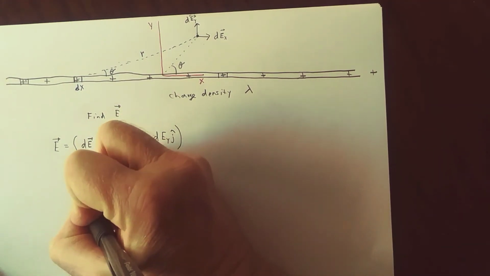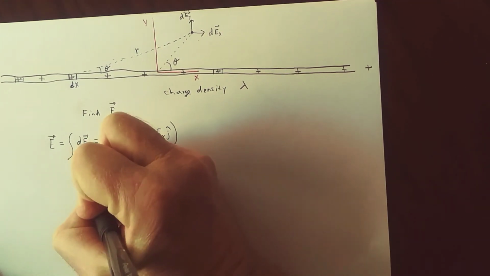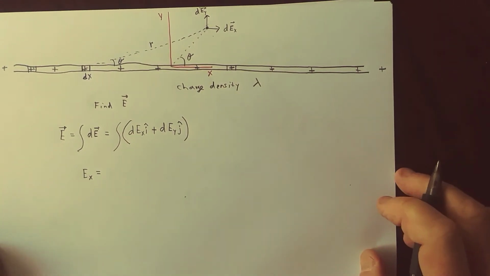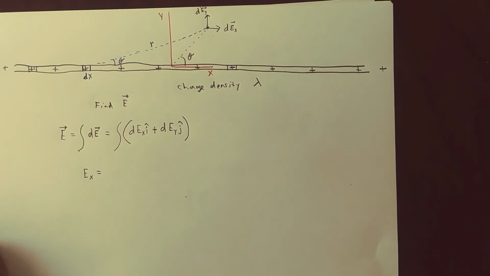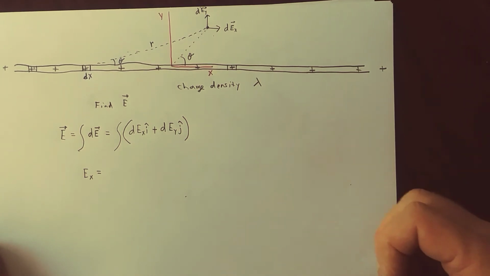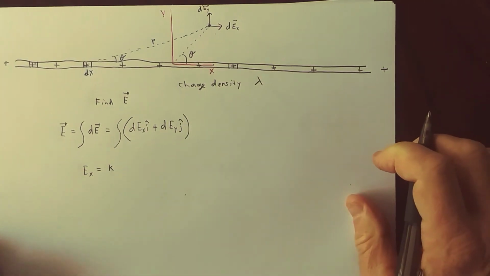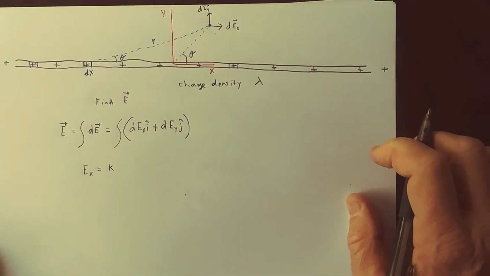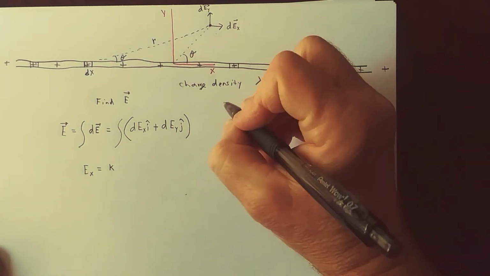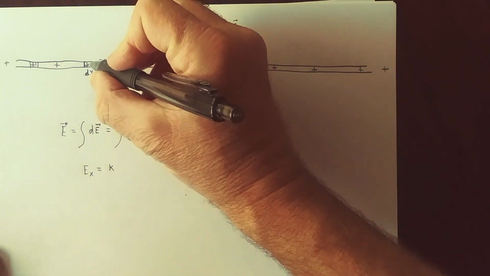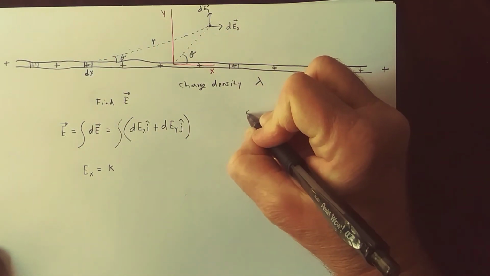So the x component of the field looks like what? So we have k, the constant. We have the charge density that goes into figuring out how much charge there is. How much charge is there in a little region dx?